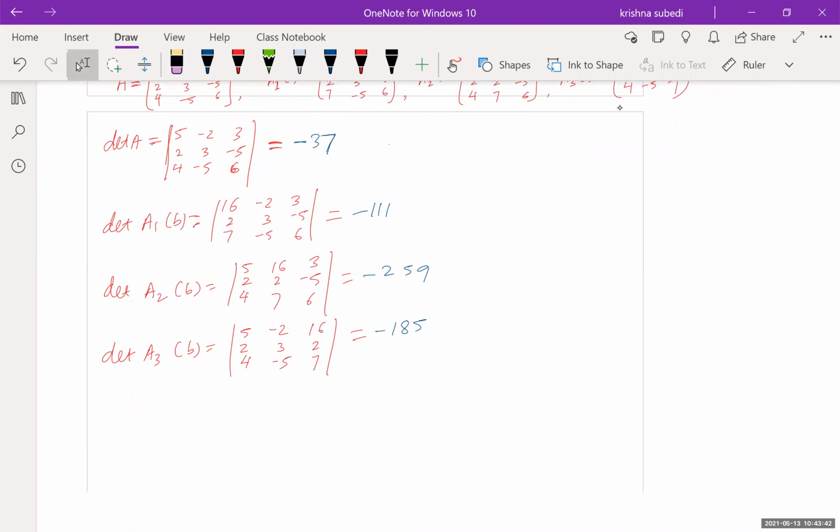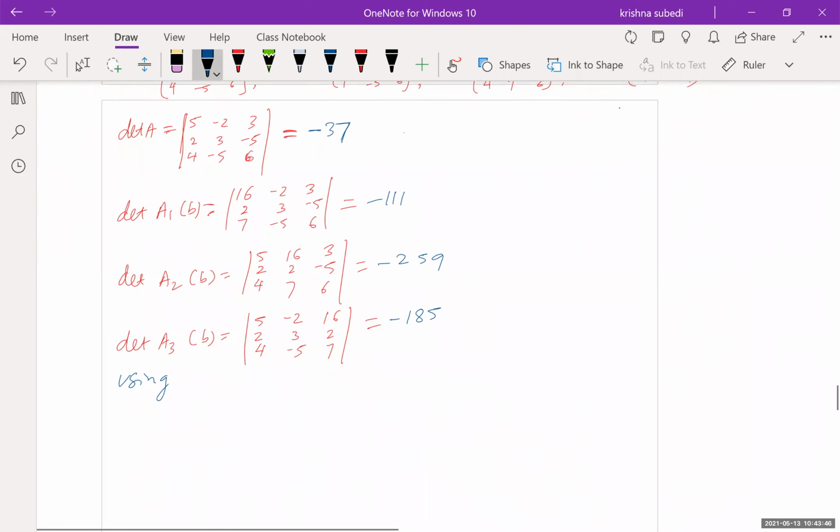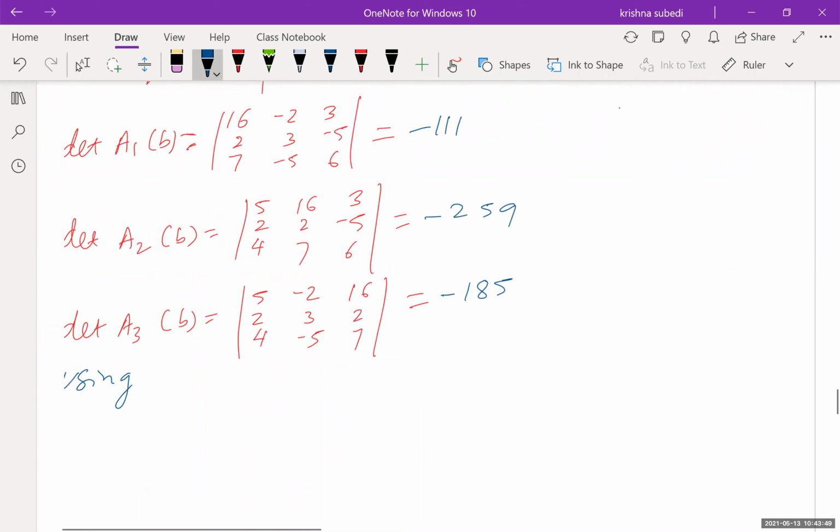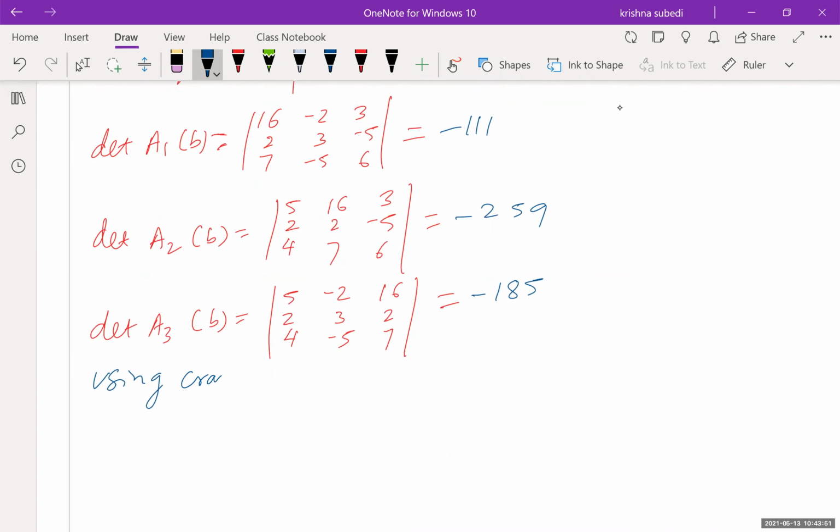Okay, so using Cramer's rule, x1 is determinant of A sub 1b over determinant of A, which is -111 divided by -37, and that gives me 3. That's your x1.